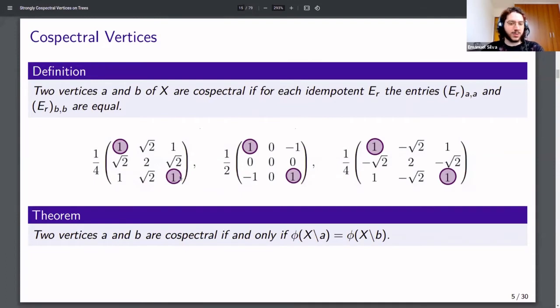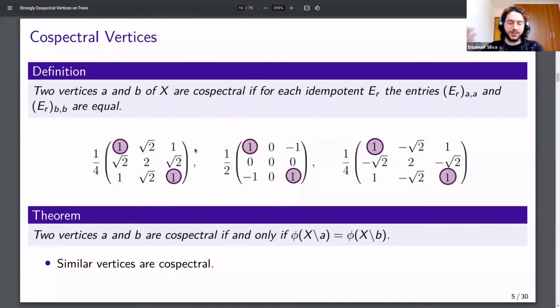And again, as with the parallel vertices, there is a theorem related to the definition, which in this case is where the name comes from. Two vertices are cospectral if and only if the characteristic polynomial of X after removing a is equal to the characteristic polynomial of X after removing b. That is, X minus a is cospectral with X minus b.